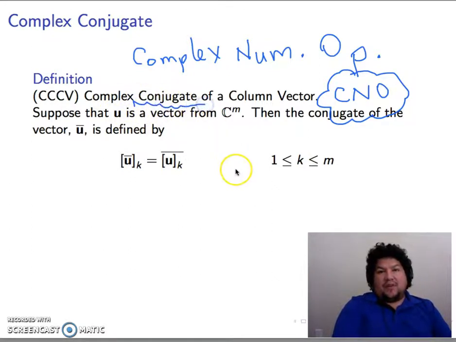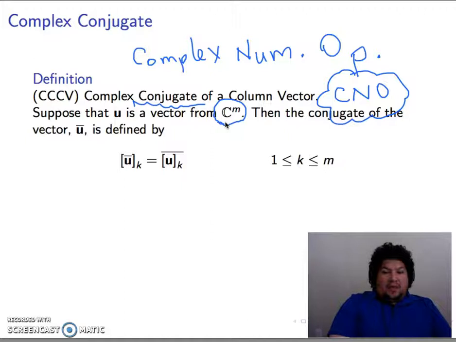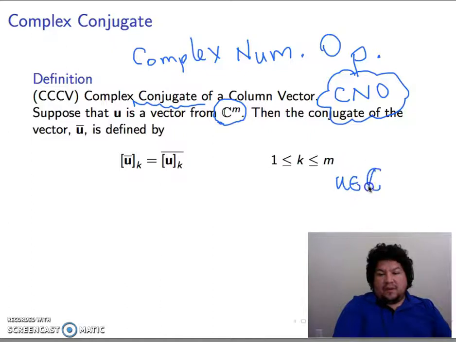The conjugate of a complex number is something that is inherited or propagated for column vectors defined in the vector space C^m. The conjugate of a vector is defined with the same type of notation. This little bar on top of the vector denotes the conjugate, and we're assuming that u is a member of C^m.